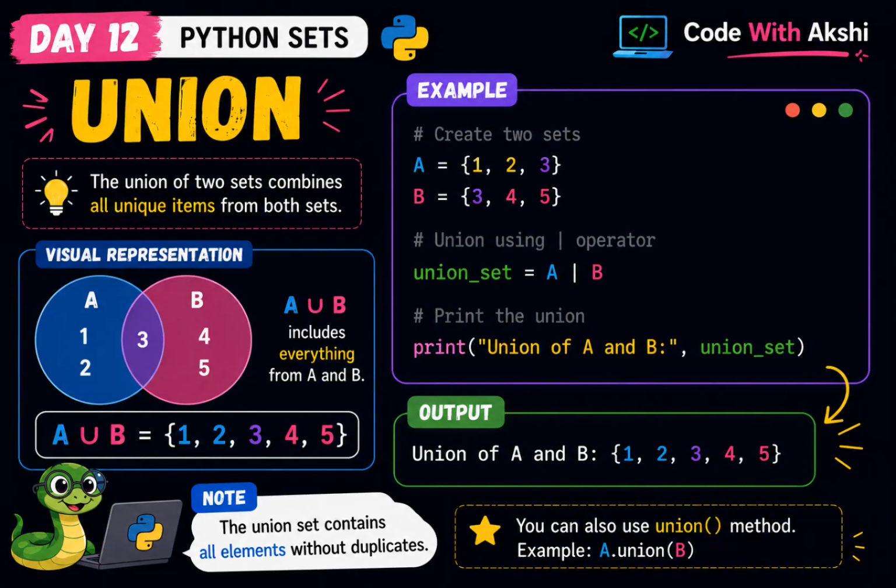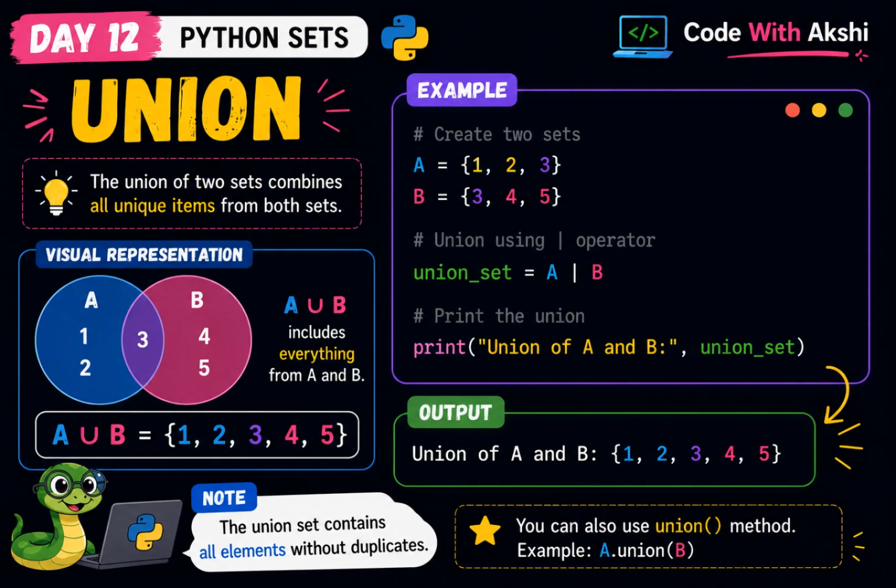Okay, now let's learn our first set operation, called union. Union combines all the unique elements from both sets. Duplicate values are included only once. We can perform union using the vertical bar symbol or the union method.